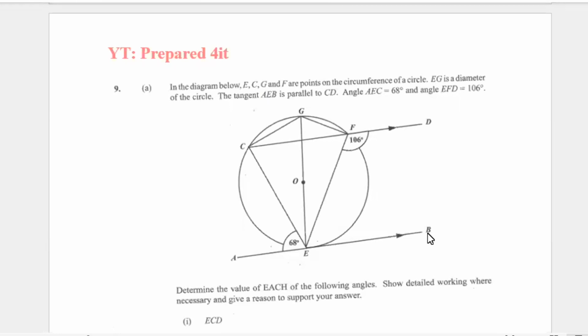And just for information purposes, which will come in handy while working one of these questions: when a tangent meets a circle, what angle is formed?